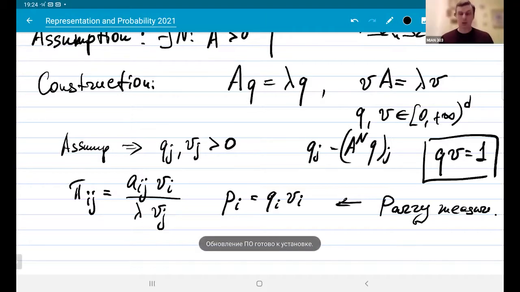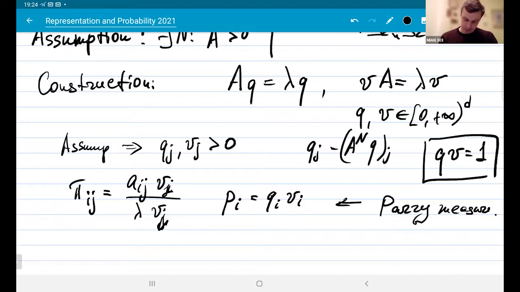Then, of course, you need to check that this Pij, for example, is a stochastic measure. Maybe it should be the opposite one. It depends on the definition of everything.